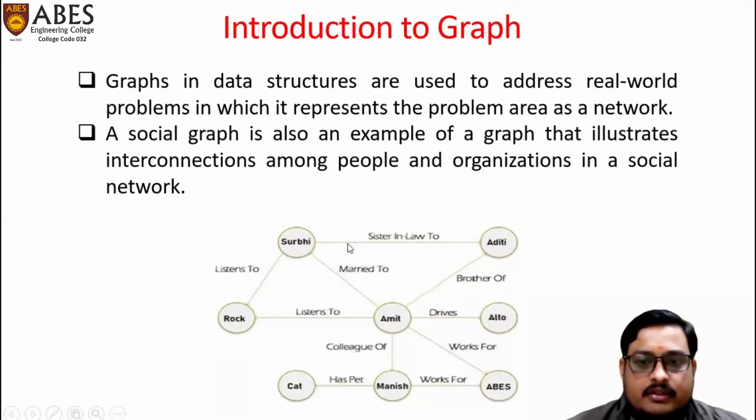So this is the relation between Surabhi and Aditi, relation between Surabhi and Amit, and there is some connection between Surabhi and rock because Surabhi listened to rock. So like this, we can represent the real world problem using graph. Here also we can have Manish who works for ABES like this.